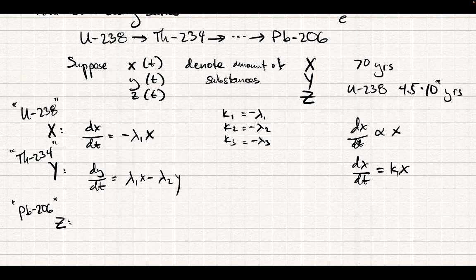But Z is not decaying. No, I'm just saying generally. Is it the integral of Y? No, it's simpler than that. Lambda 2 y? Yeah. Okay. And so it's only gaining elements. It's only gaining atoms from element Y.